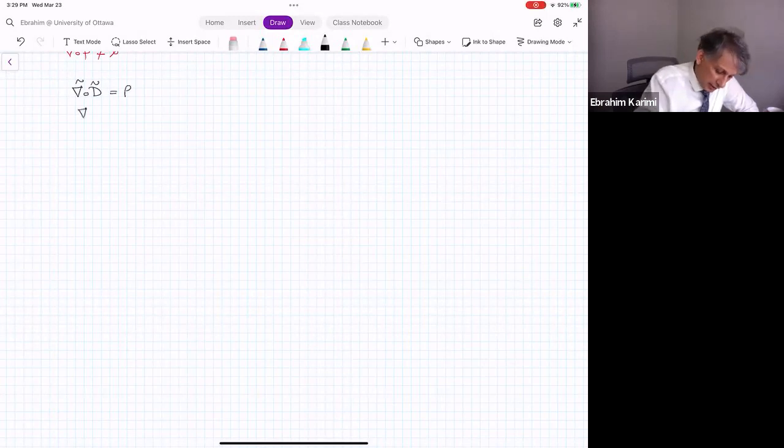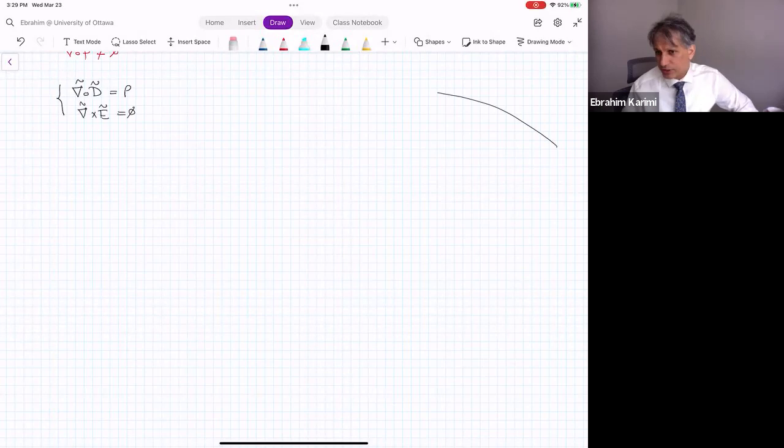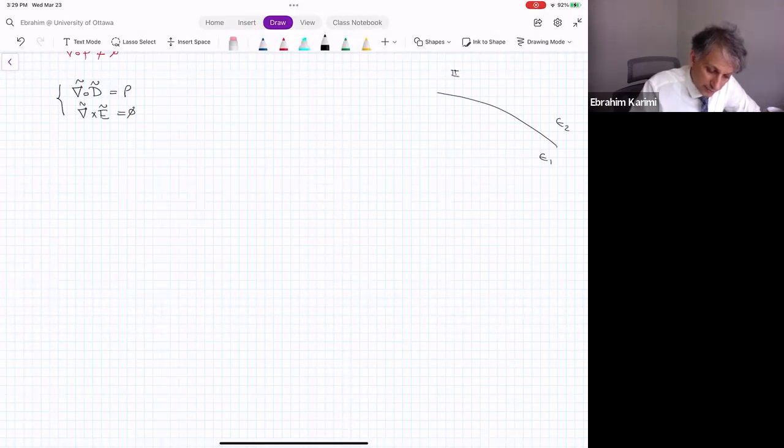And also we have curl of E for electrostatics, which is 0. Now, assuming that I have two materials with a boundary between them, this is material number 1 and material number 2, and I assume that the normal to the surface is given here.